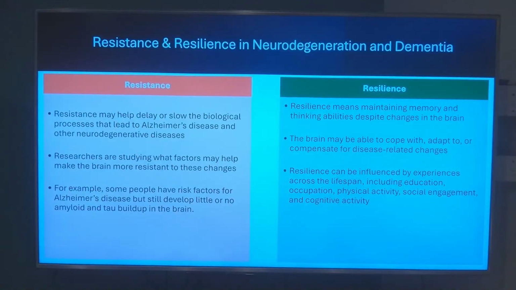And we have seen commonalities and influences by experiences across the lifespan. So education, occupations, physical activity, social engagement, cognitive ability, which looks a lot like our risk reduction, right? So people who really have kept a healthy mind-body, and they've shown resilience.